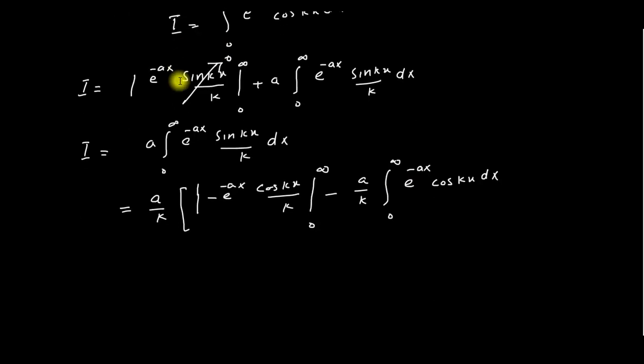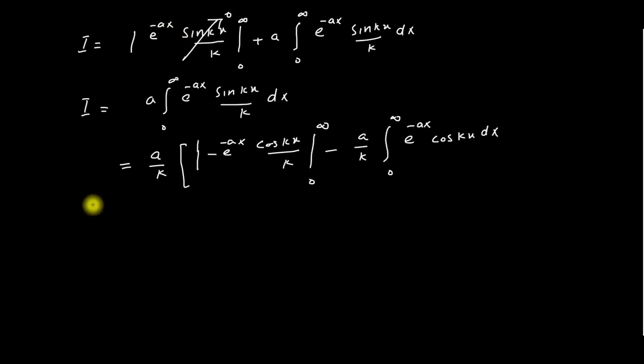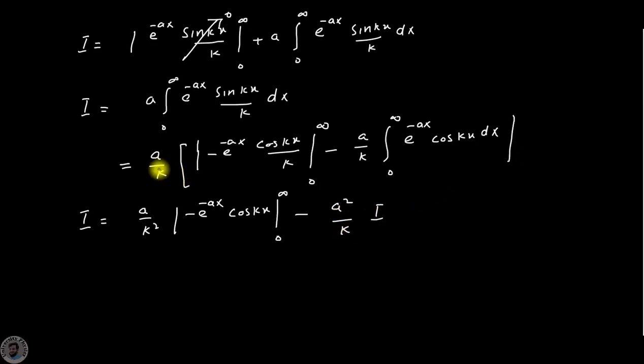So I can write that I is equal to a divided by k square into minus e to the power minus ax cos kx, with limits from 0 to infinity, minus a square divided by k square into I. Now when I multiply a by k to this term, we will get a by k square, because here we have one k and we have one k.